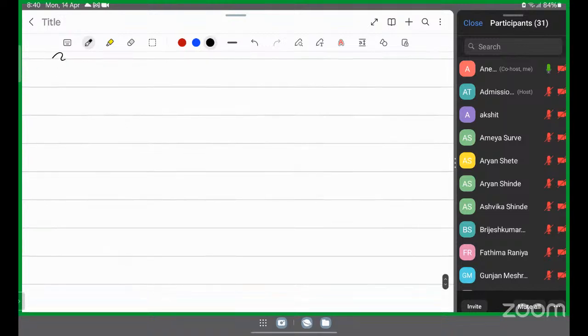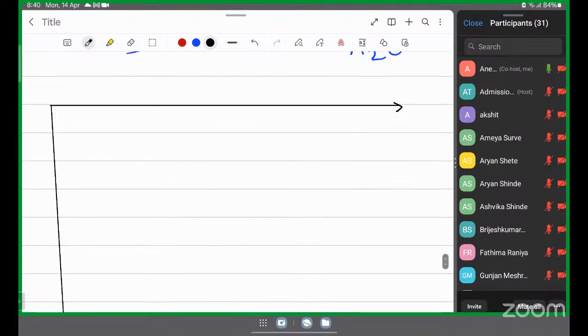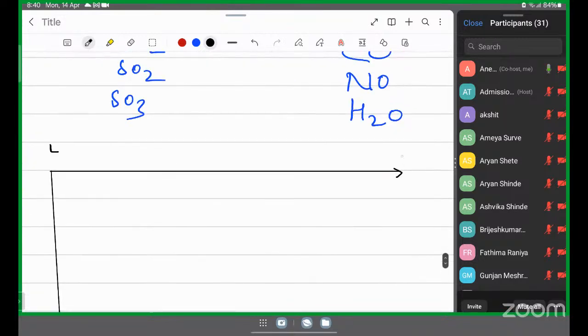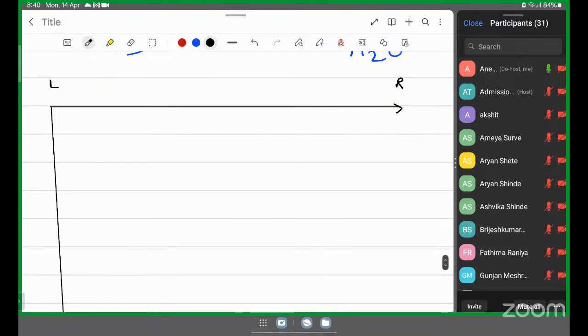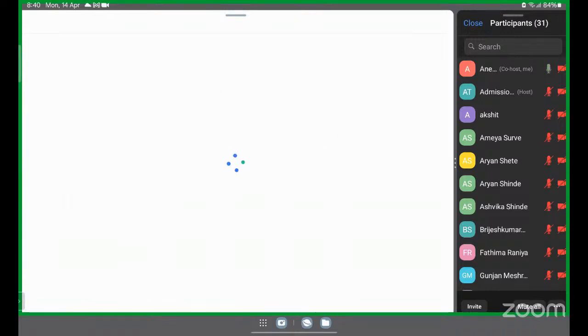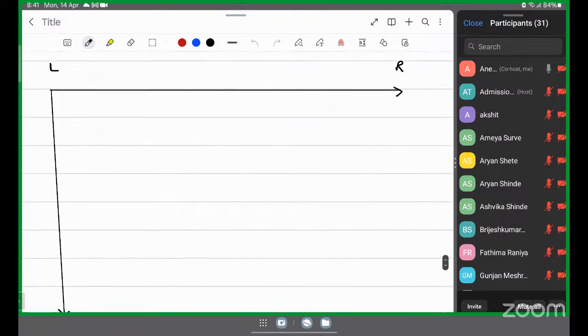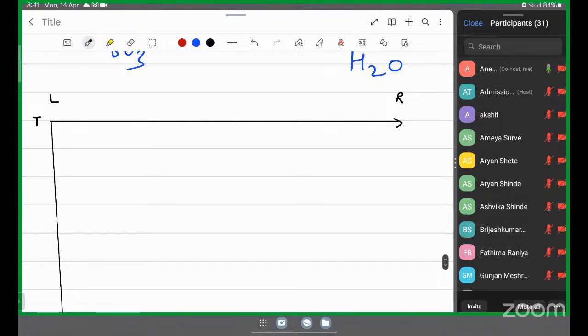So let's say this is a rough sketch of the periodic table. This is left to right in periods and top to bottom in groups.